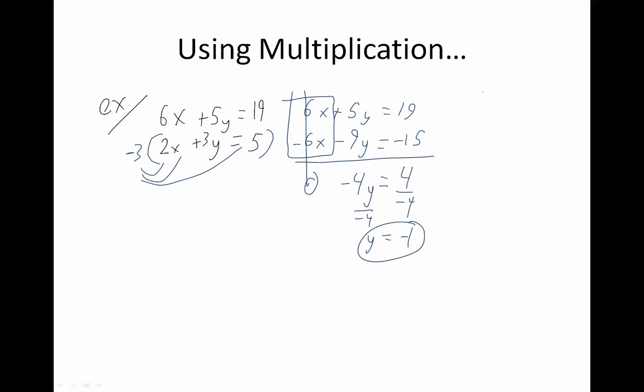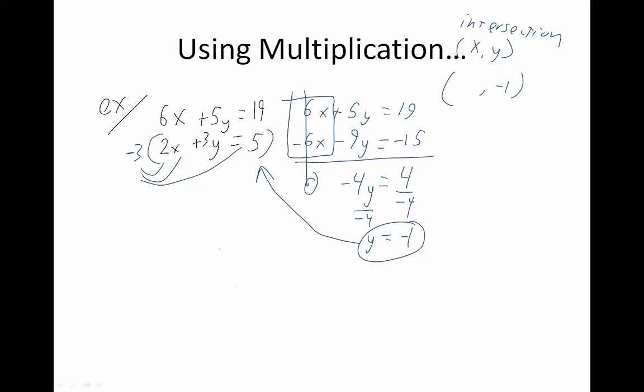And again, remember, this is only half of my solution. My solution is a point. Remember, it is the intersection point of the two lines that we are looking at here. We have the y value. We need the x value. So then we're going to do the exact same thing we did in the last one, in the last two, in fact, which is we're going to then plug it into one of these equations.